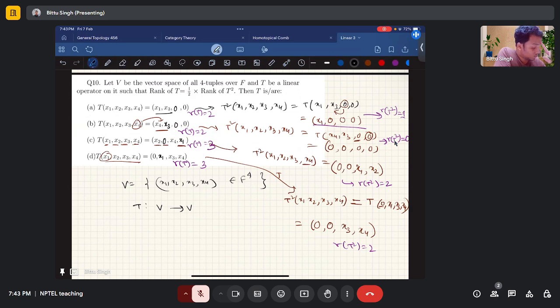Actually, this is not possible because rank of T square is always less than or equal to rank T. So the question should be like this: rank T is 2 times rank T square, that is, rank of T is even in this case. Then the first two options are not possible because the ranks are not even. But here we can see rank T square is 0, so 2 times rank T square should be 0. So this is also not possible. This is not 0. In this case, rank of T square is 1, rank of T is 2. So this is the correct answer, right?